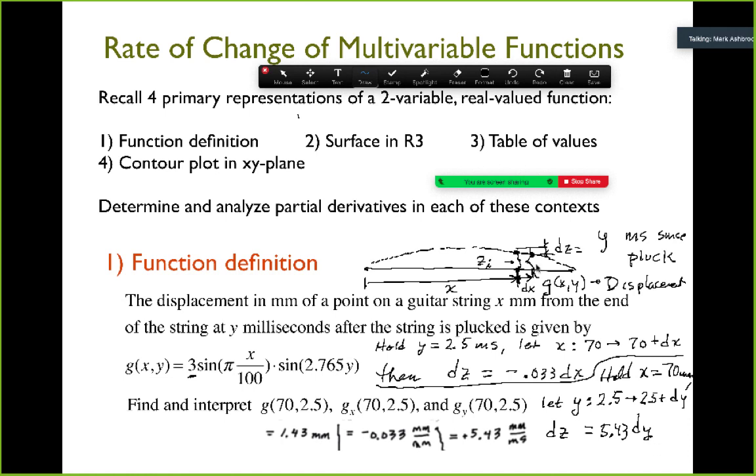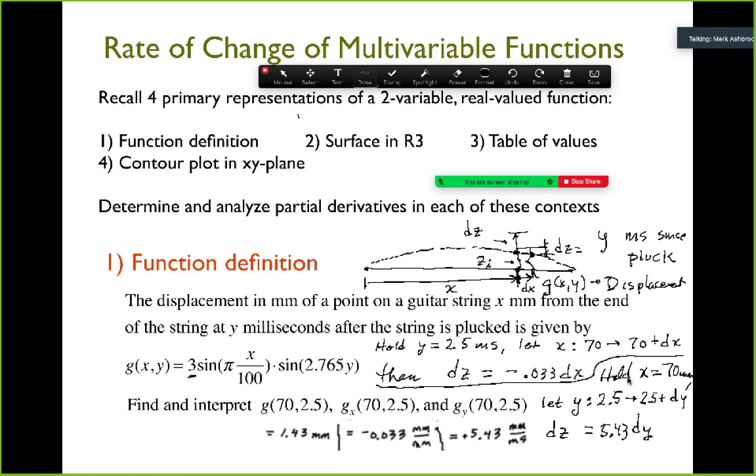So this told us that the displacement only decreased a little bit, but over time, in the next moment, the displacement is shooting way up compared to that. For the time one, the dz is positive, meaning the displacement is increasing, at a very high rate compared to how it was decreasing if we went down the string.